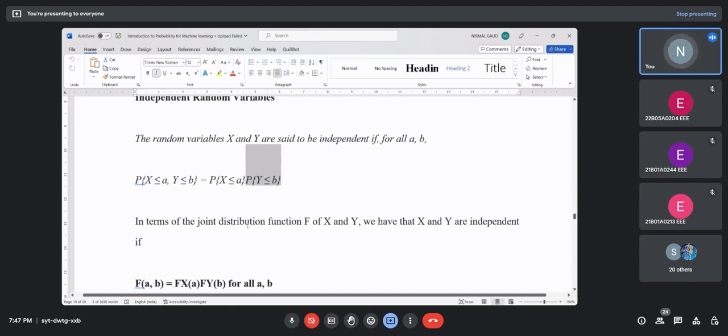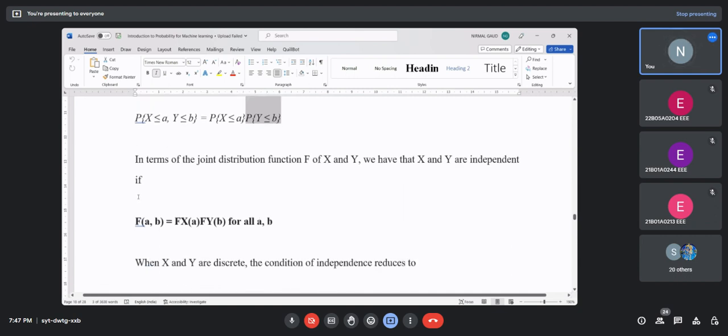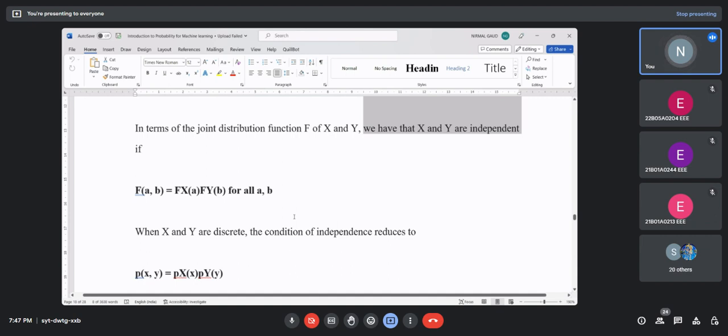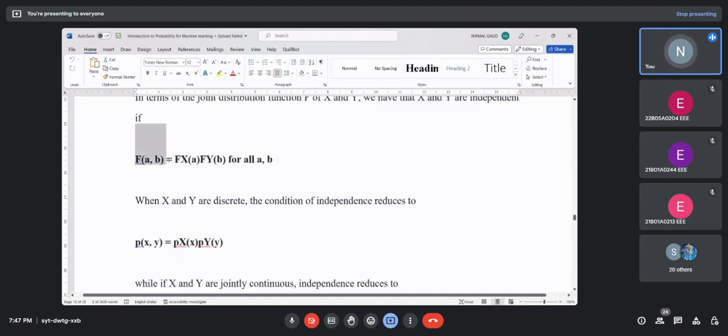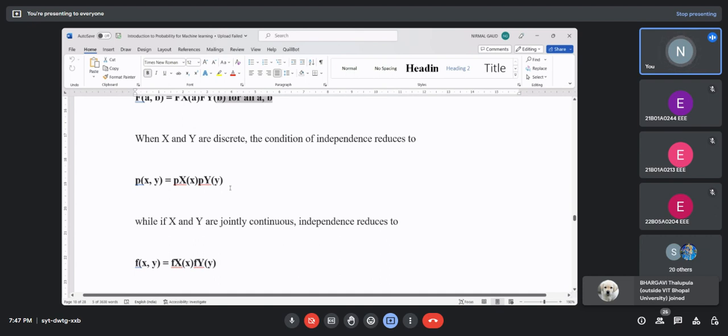In terms of the joint distribution function f of x and y, where x and y are independent of each other, we can write fab equal to fxa into fyb for all a and b. Don't get confused with the equations.